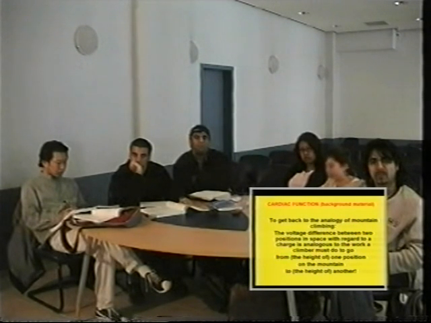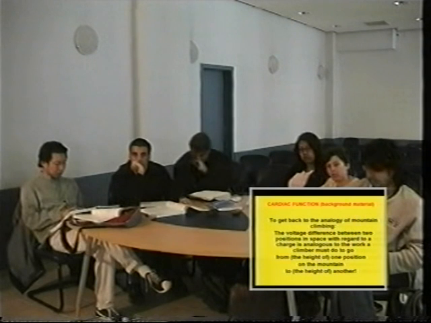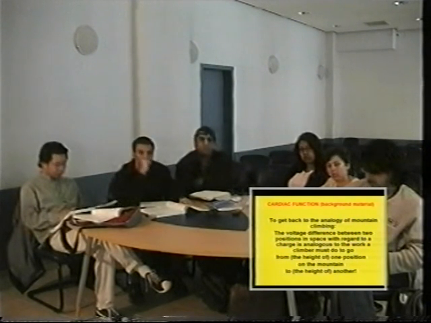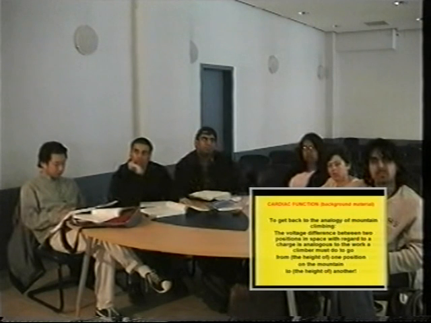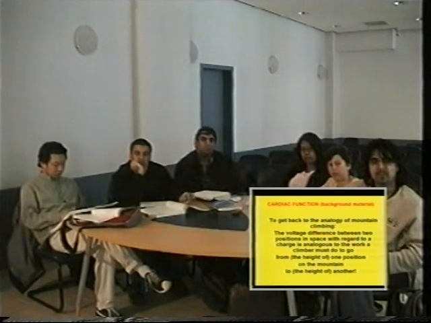In other words, you can start from elevation 5 and go to elevation 10. You need a certain amount of work, irrespective of whether you go around the mountain 3 circles before you do it, or 1 circle, or if you go in a straight line. The difference, as we said before, is the elevation, and when you approach a charge, the difference is really the quantity and the distance between the charges.